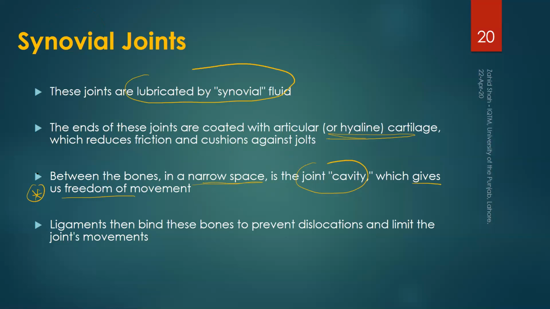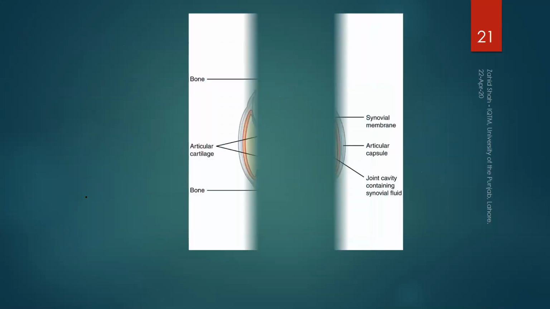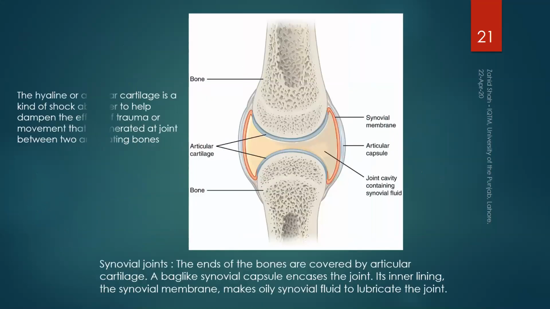If the bones were joined together exactly, there would be no freedom of movement, but there is some gap that gives freedom of movement. And ligaments bind the bones to prevent dislocation and limit the joint's movement. We have seen the role of ligaments already. So this is the structure of a typical synovial joint.